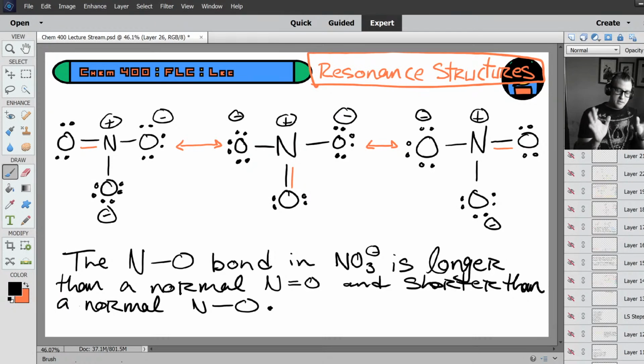All right, it is in between the normal double bond length and single bond length.